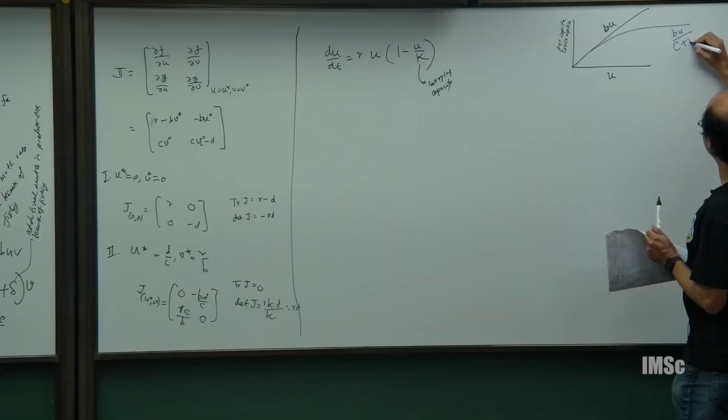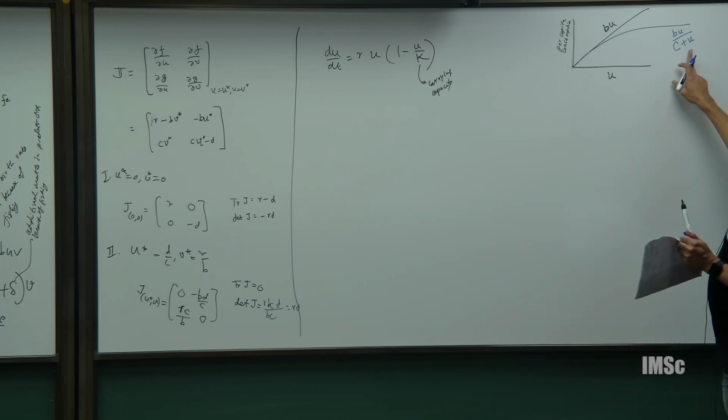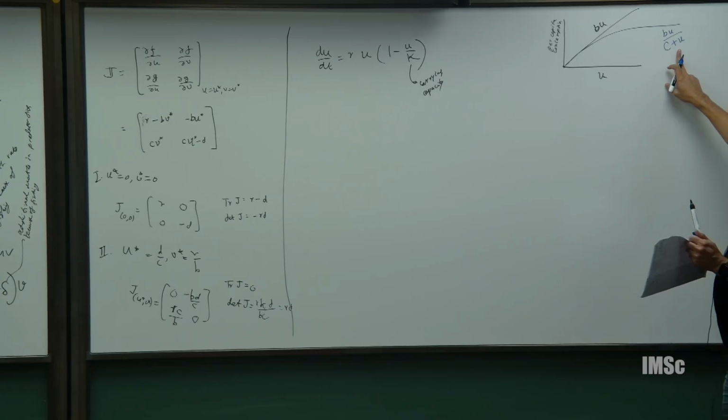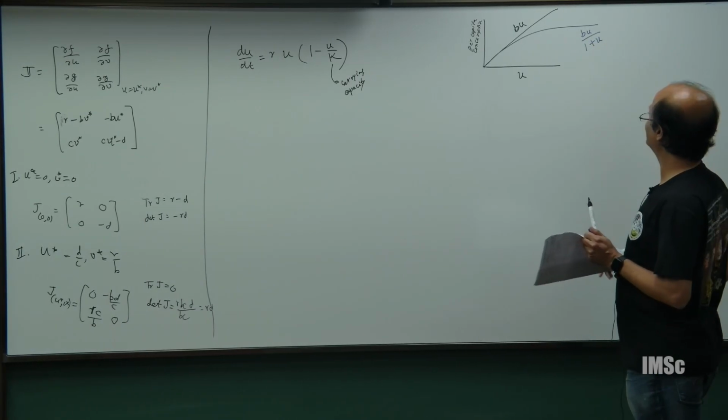The simplest way to model this is to say that you are going as BU divided by some quantity C plus U. How is this going to give rise to this? Let's call it 1 plus U actually.